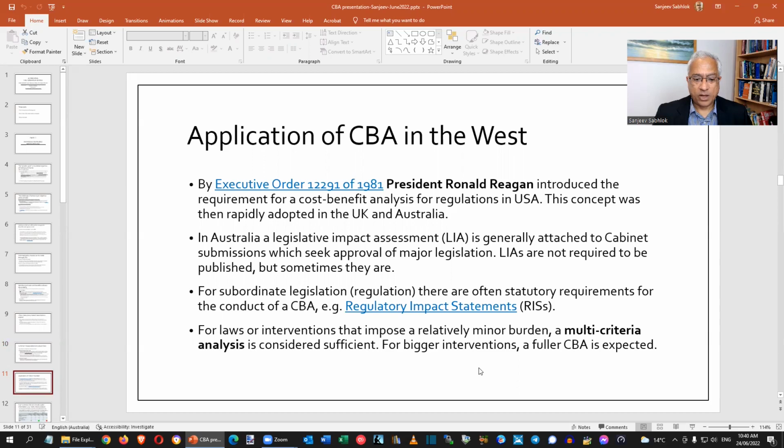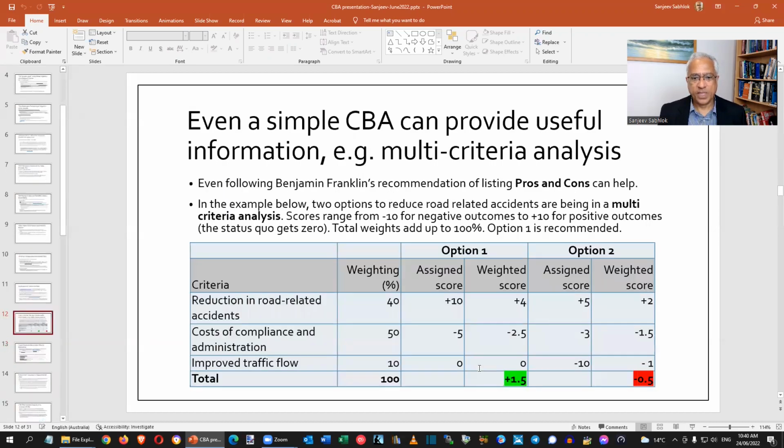Now, for all these laws and interventions, particularly the ones that impose only a minor burden, the expectation is that we do only what is called a multi-criteria analysis. A multi-criteria analysis is very simple, and I'll come to that in a second. So consider a particular road-related project. There are two options to reduce road-related fatalities or accidents.